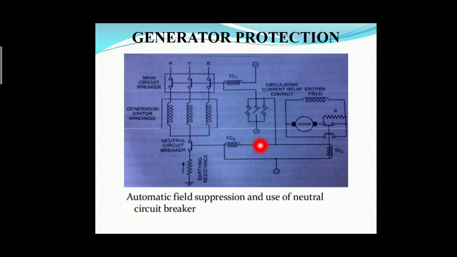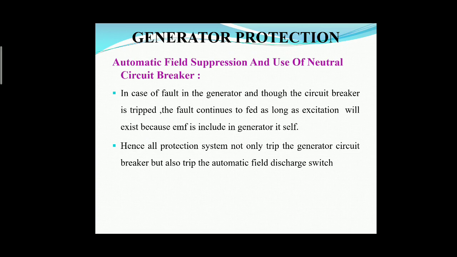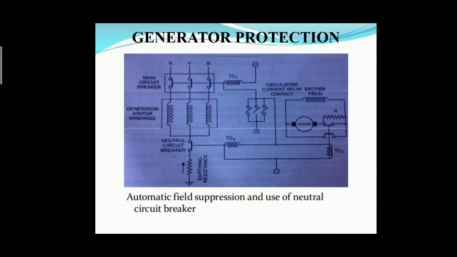These are the automatic field suppression switches. By using these switches, if any faults are obtained near the breaker, it is operated and also trips the automatic field discharging switches.